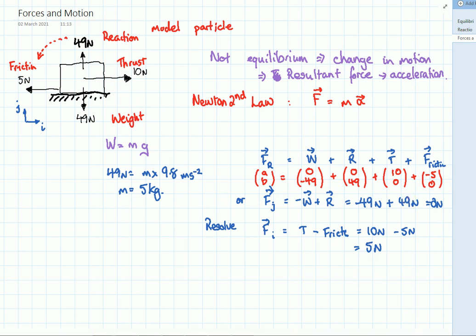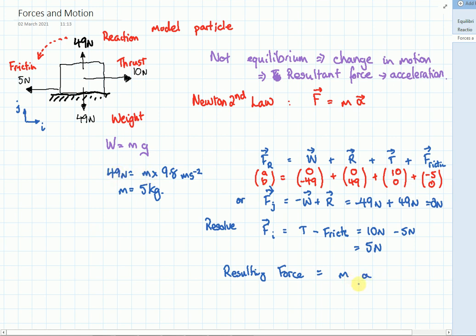So what does this net result lead to? The resulting force is equal to the mass times the acceleration. We made a note over here that weight is 9.8 g times the mass.